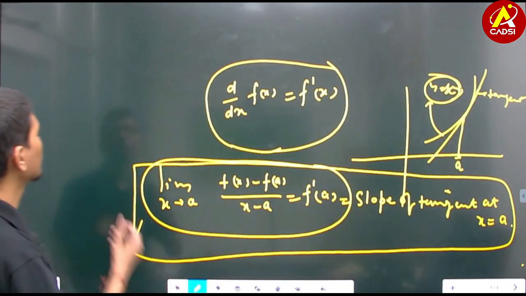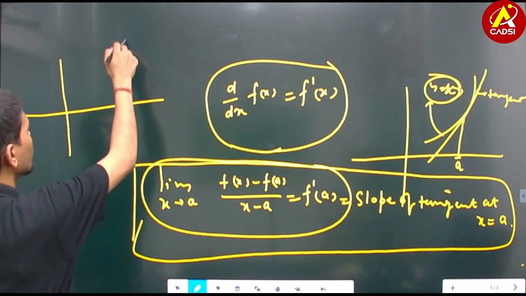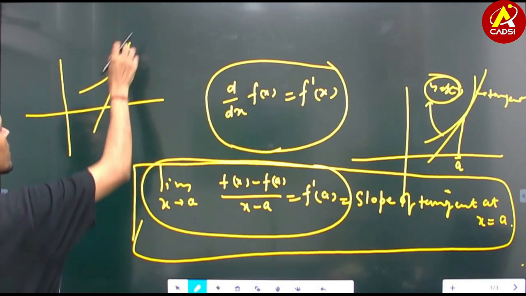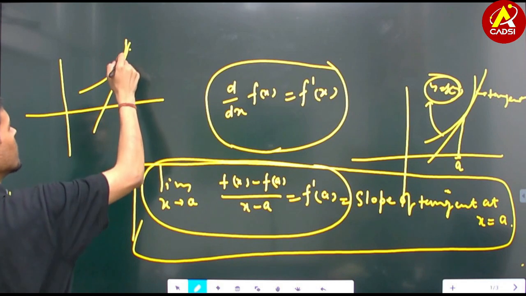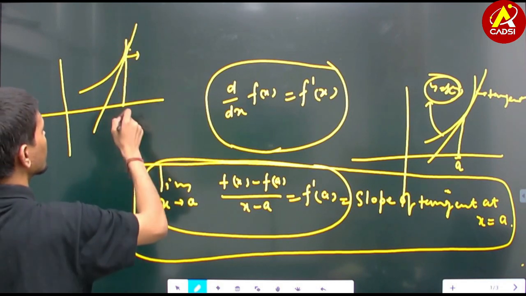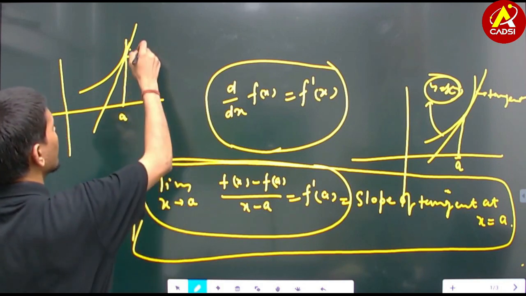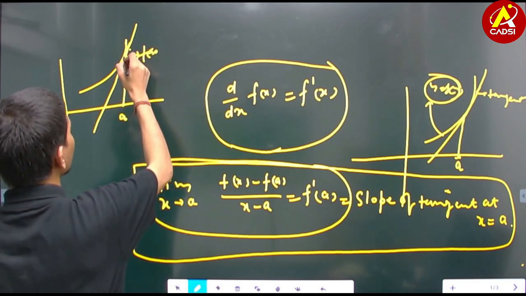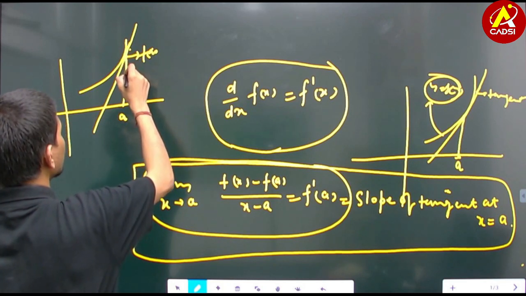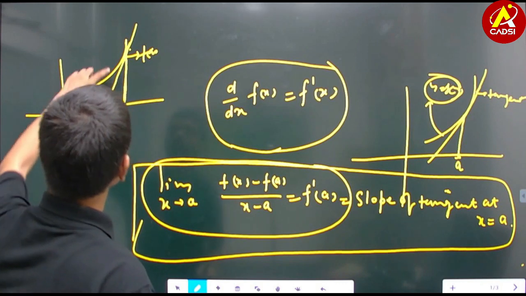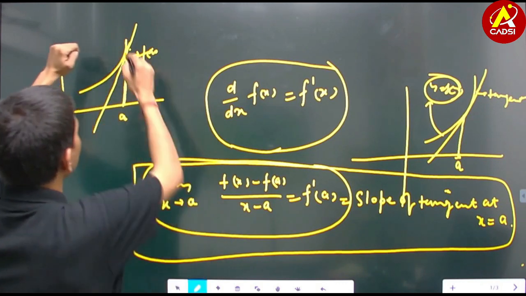So if we have a function and this is the tangent, this is a and f of a. So here at this point, we can say that this is the tangent on this curve.